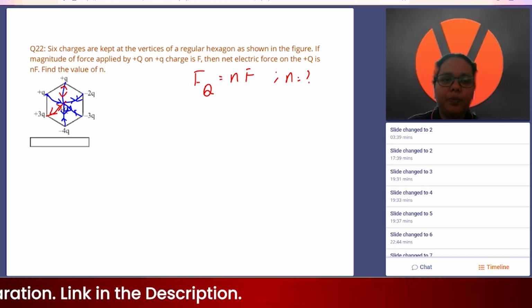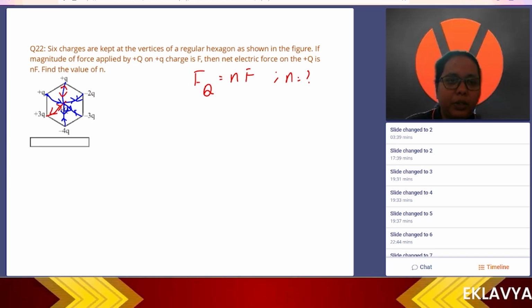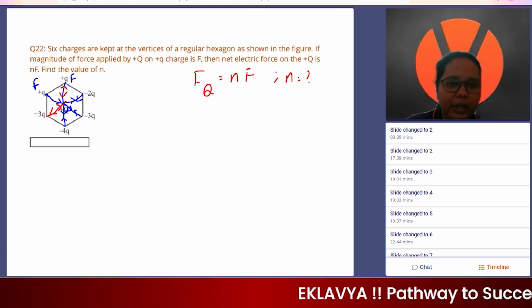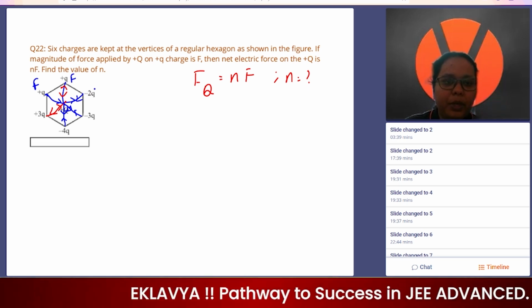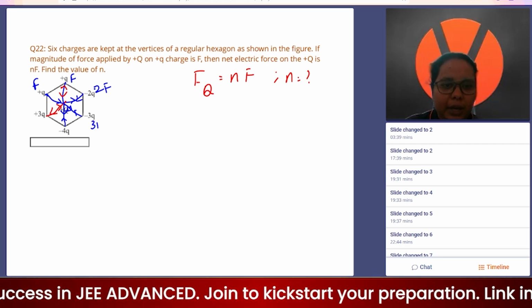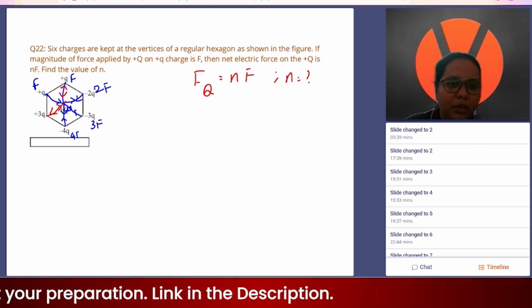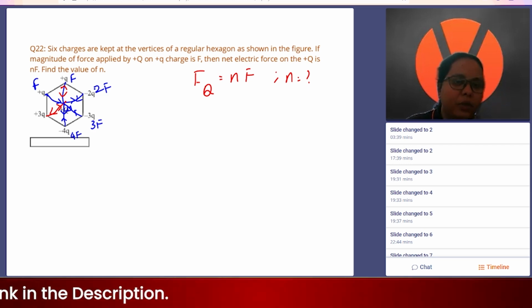So for example, this is F, and for this force, this is going to be 2F, and here this is 3F, and this is 4F, and this is again 3F.